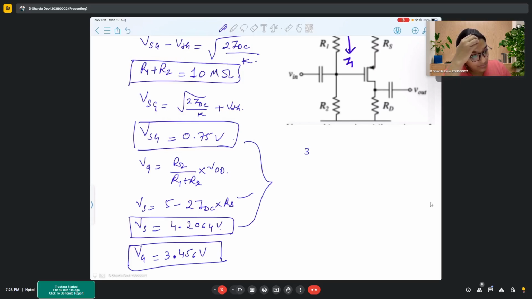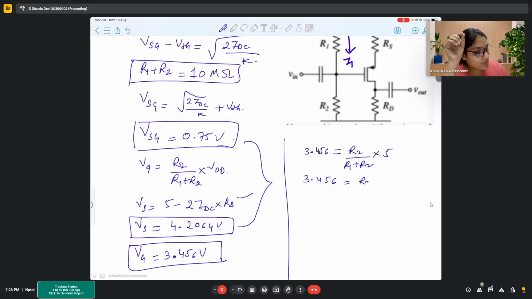So 4.6456 equals R2 by R1 plus R2 into 5. That is 4.6456 equal to R2 into 5 upon 10 mega.